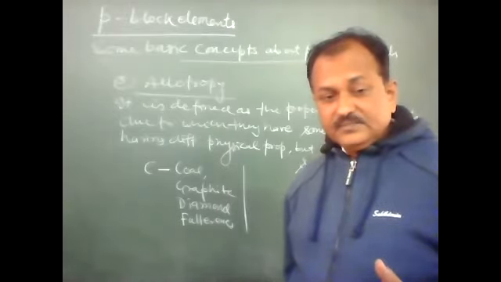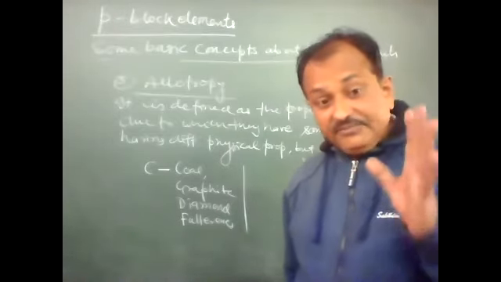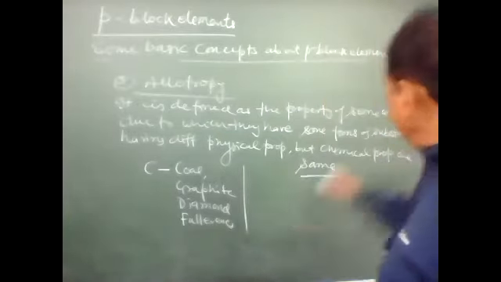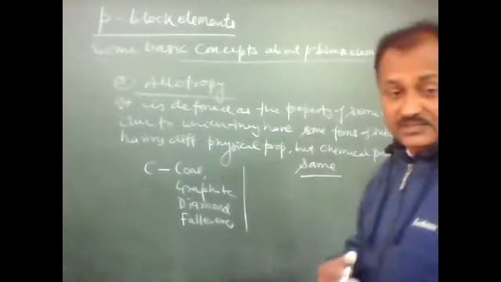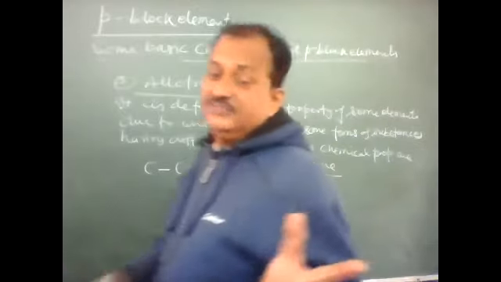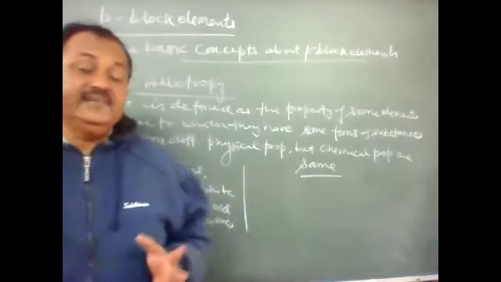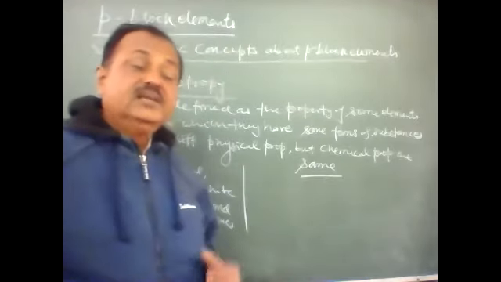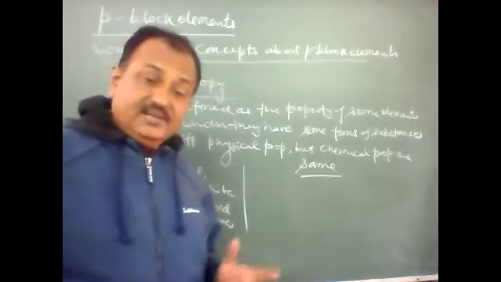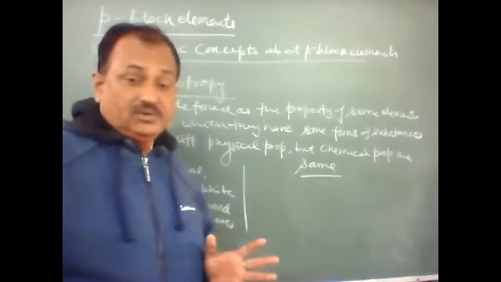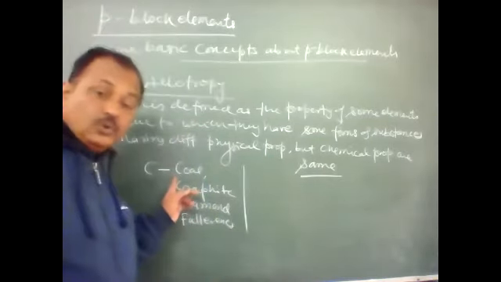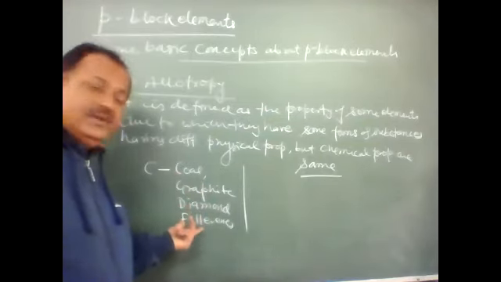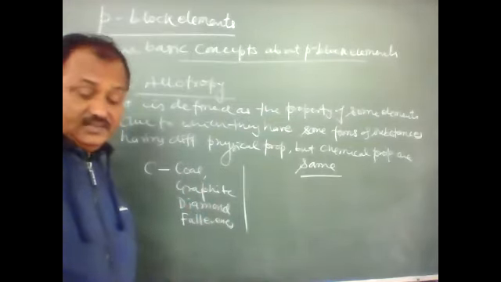Phosphorus, sulfur. Sulfur forms almost 8 allotropes. Tin and lead also form allotropes, but they are not so significant. Phosphorus, sulfur, arsenic, many elements form allotropes, but coal, graphite, diamond, fullerenes, you all have read in class 10.